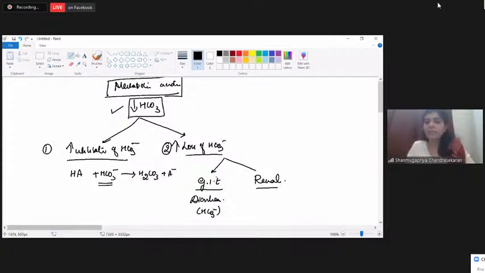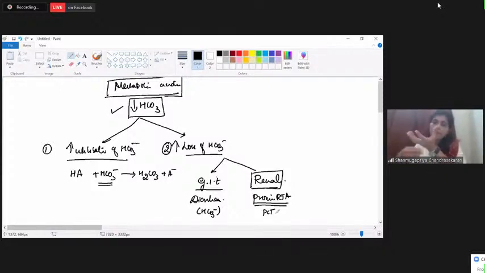When will there be renal loss of bicarbonate? I'll give you an example: renal tubular acidosis, for example, proximal renal tubular acidosis. What happens in proximal renal tubular acidosis? The PCT is supposed to reclaim every bicarbonate that is filtered along the glomeruli. When you make a glomerular filtrate, everything gets filtered, even bicarbonate.